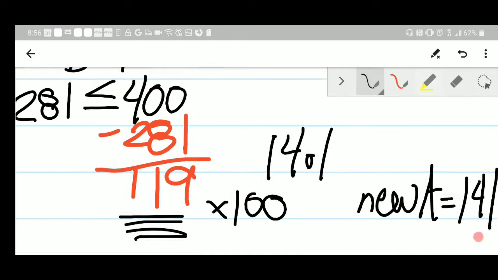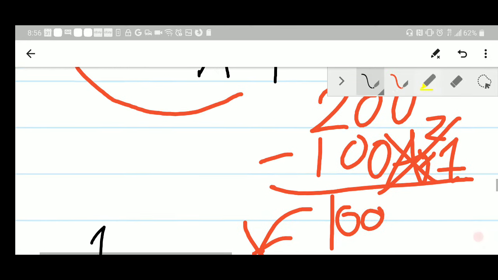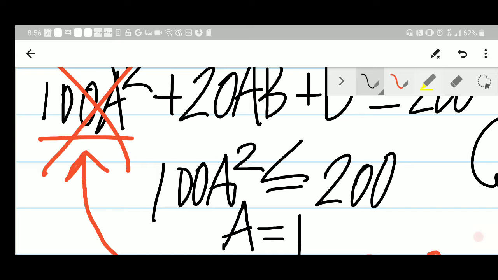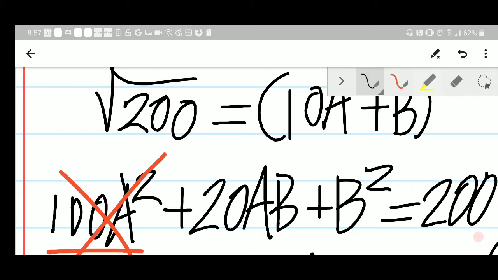But if you remember, if we go back, remember what we said. We said that since we did the new A, we had to multiply by a 10, right? We've already multiplied by 10 at the beginning.